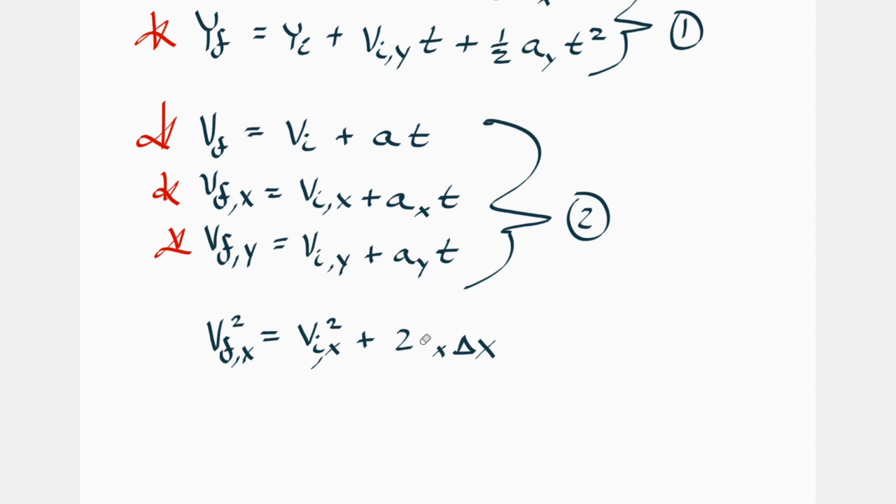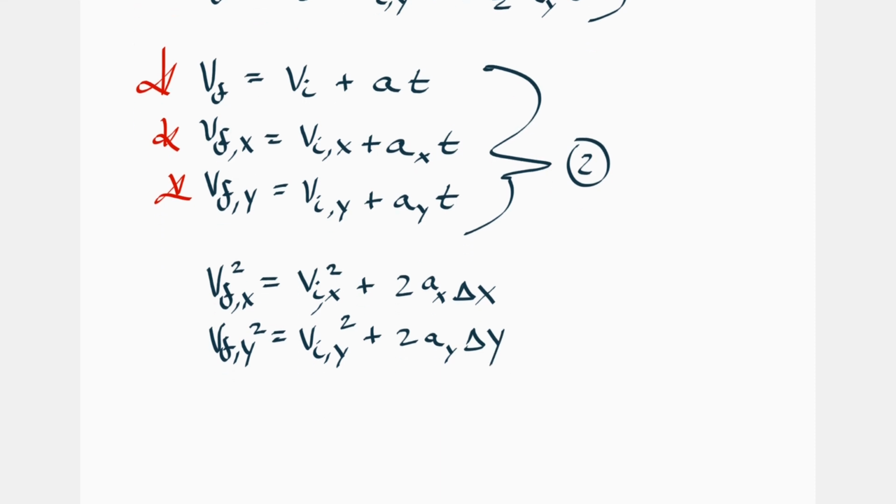Okay. Seems like a mouthful, right? And I'm going to write one more time, v final y squared is equal to v initial y squared plus 2ay, probably negative 9.8 meters per second squared if we're talking about acceleration in the y direction, and we multiply by delta y. Okay. Once again, two equations, one and the same.